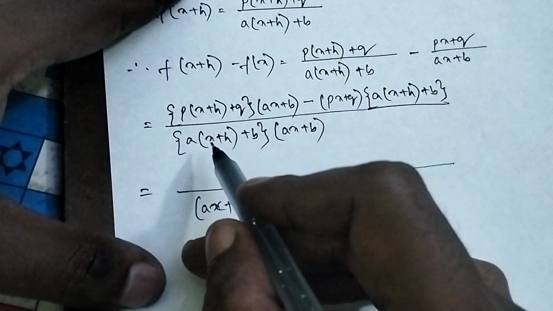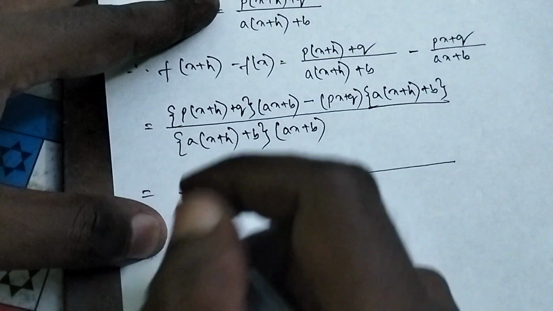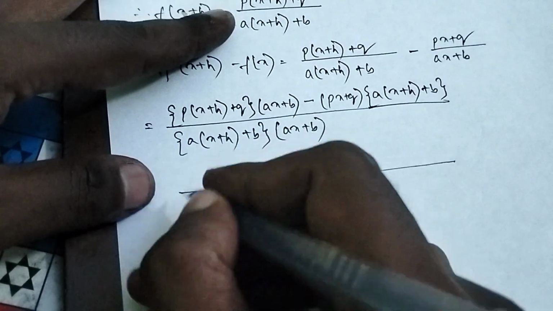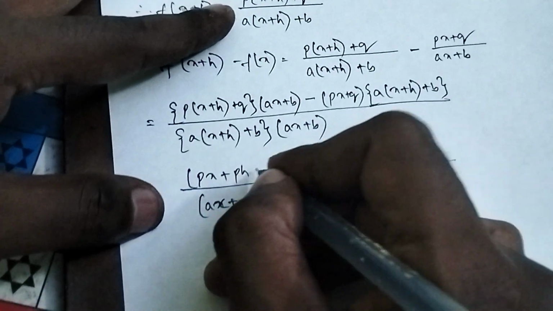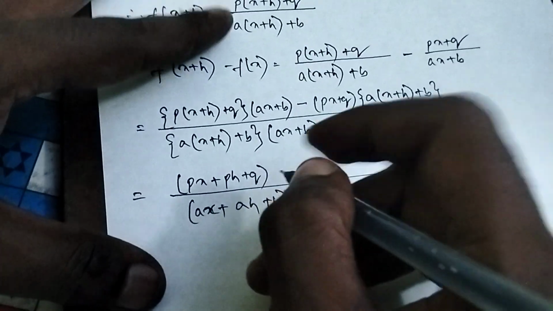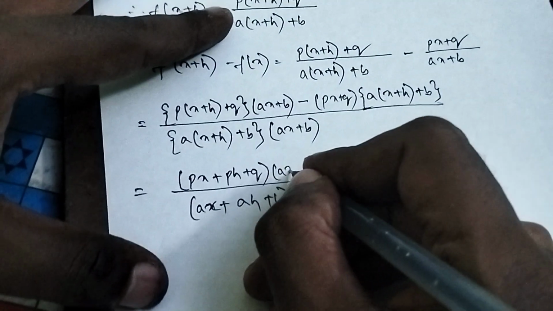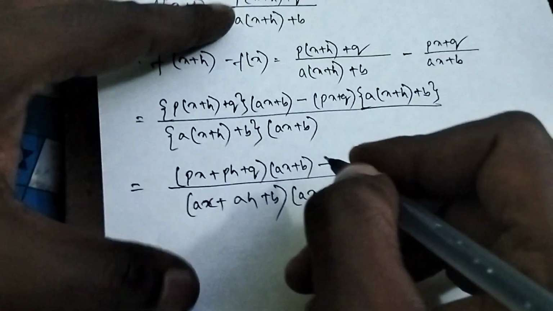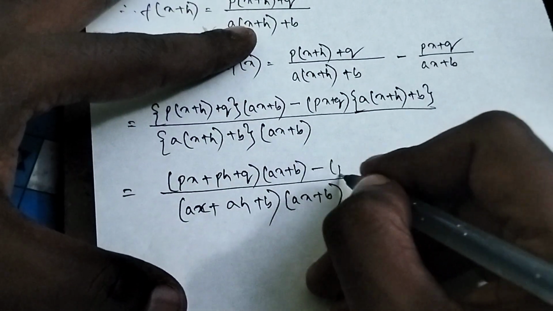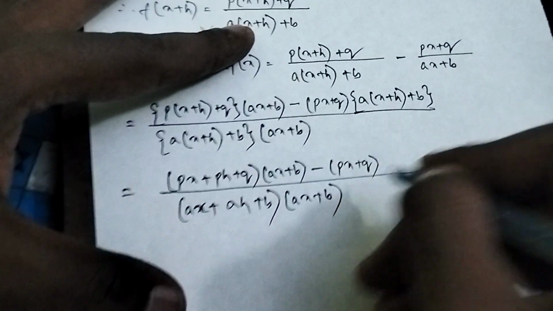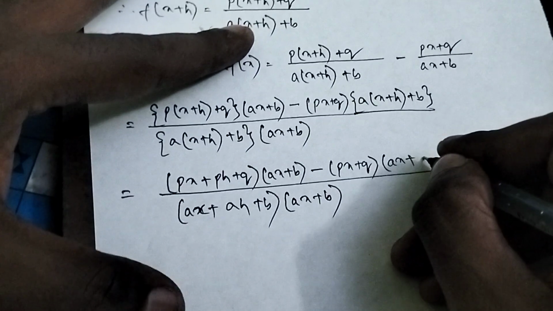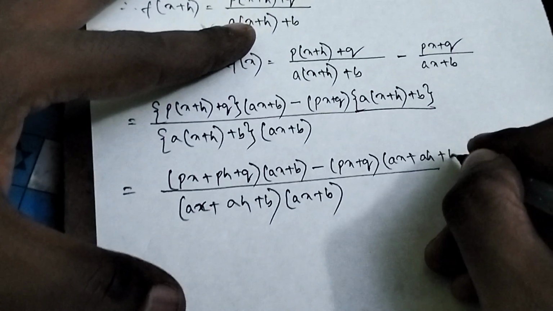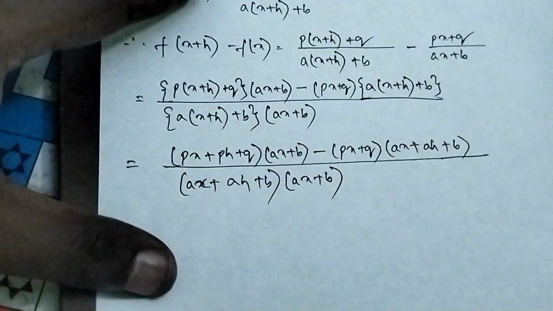Okay, and in the numerator it will be (px + ph + q) into (ax + b) minus (px + q) into (ax + ah + b). Clear?